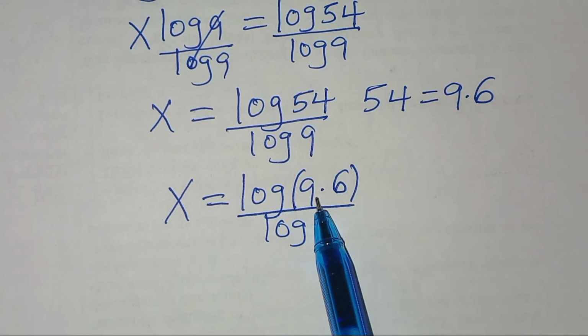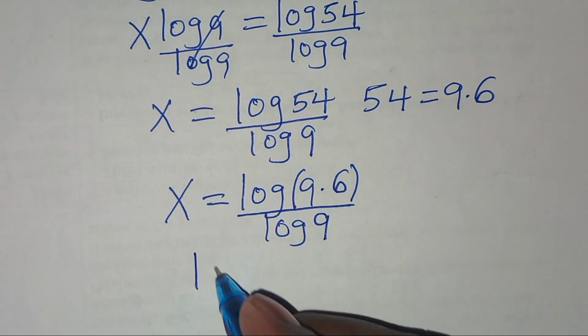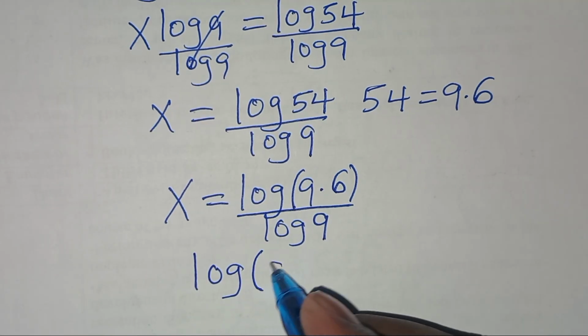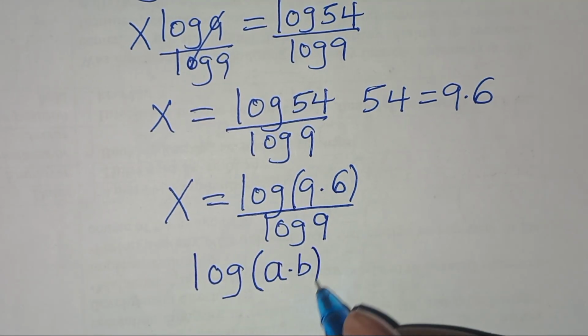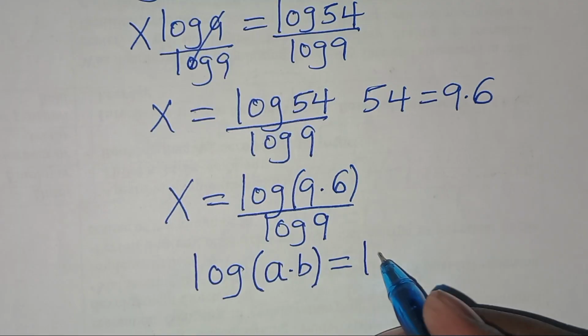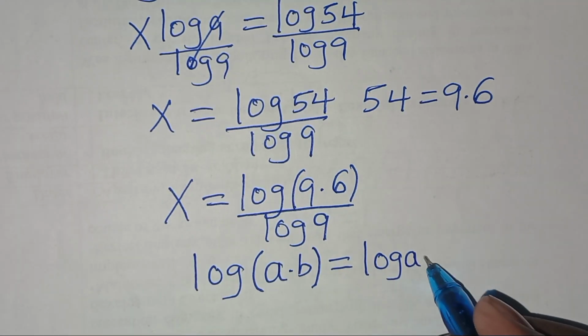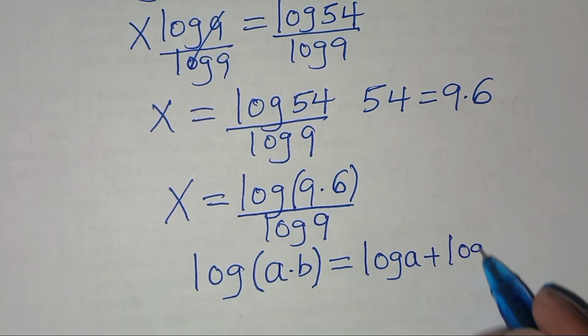So log 9 times 6 is in the form of log a times b, which we can express as log a plus log b.